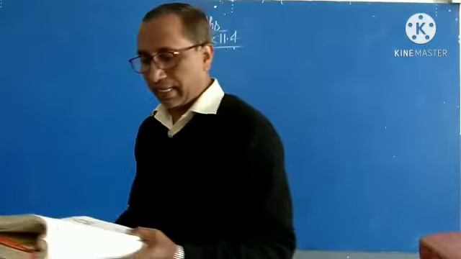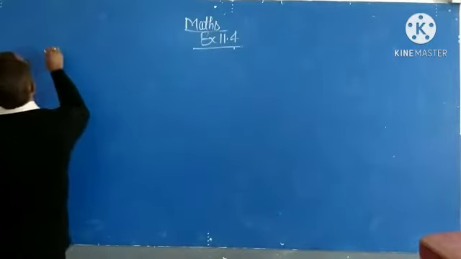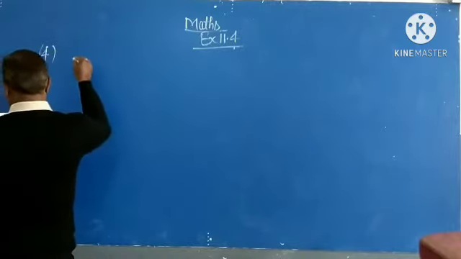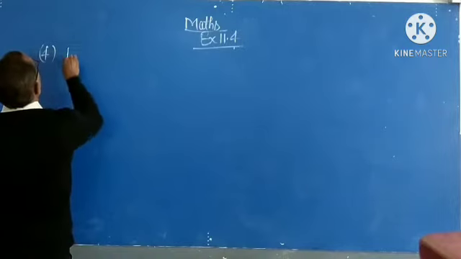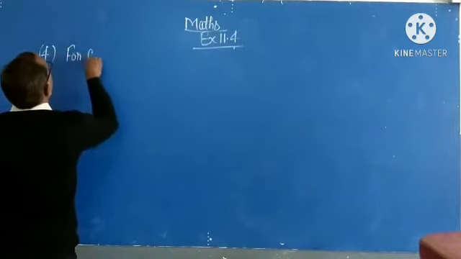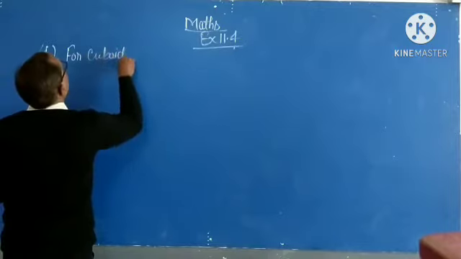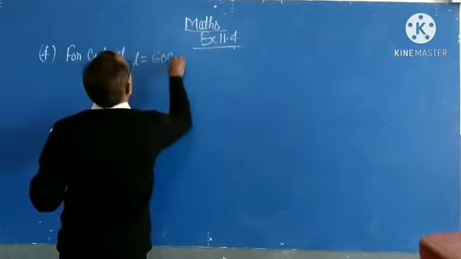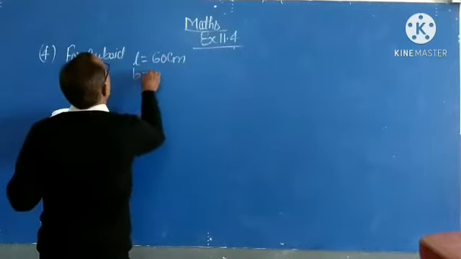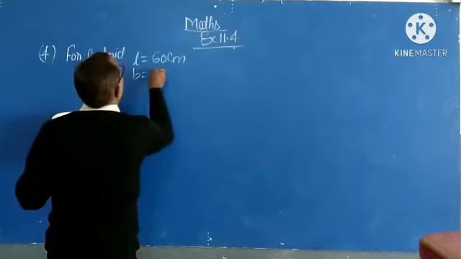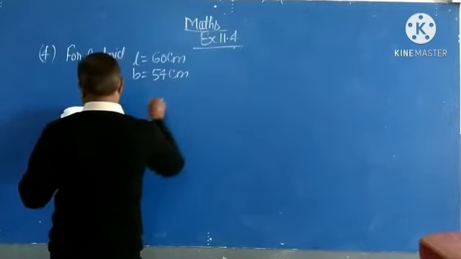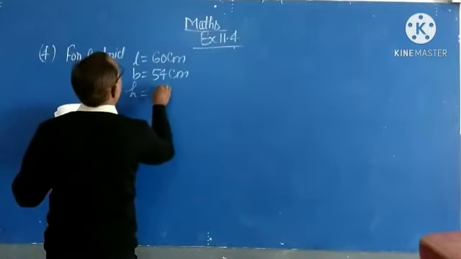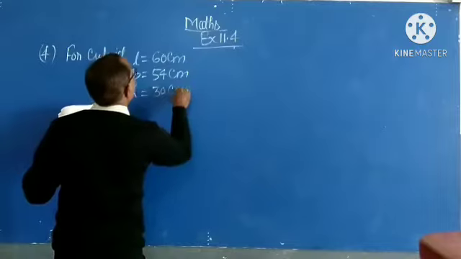Okay. Then I write down question number 4. For cuboid, length is equal to 60 centimeter, breadth is equal to 54 centimeter and height is equal to 30 centimeter.